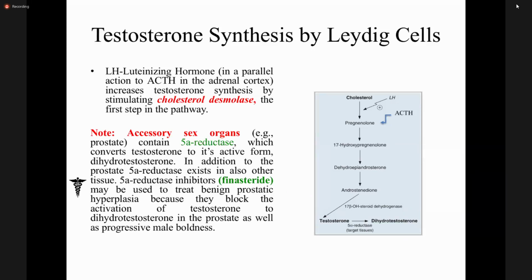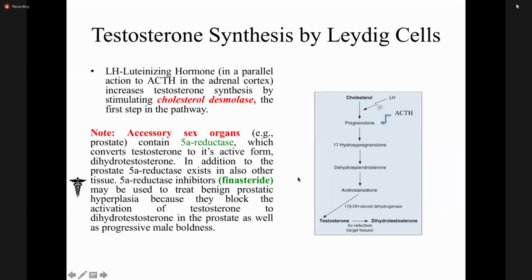Under the influence of the luteinizing hormone secreted by the anterior pituitary, as well as the adrenocorticotropic hormone, cholesterol is being transformed into its active form, testosterone. In specific tissues where 5-alpha reductase is present, we have the conversion of testosterone to dihydrotestosterone.